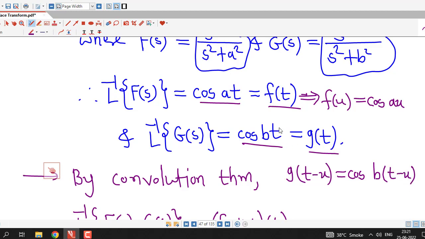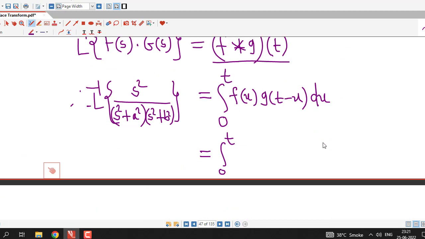We require g of t minus u, so we replace t by t minus u. So f of u is equal to cos au and g of t minus u equal to cos of b times t minus u du.